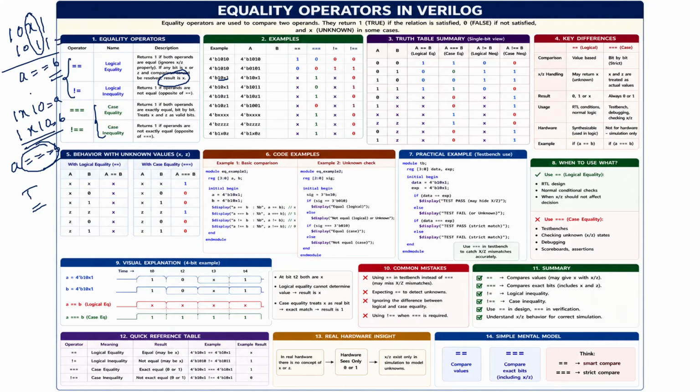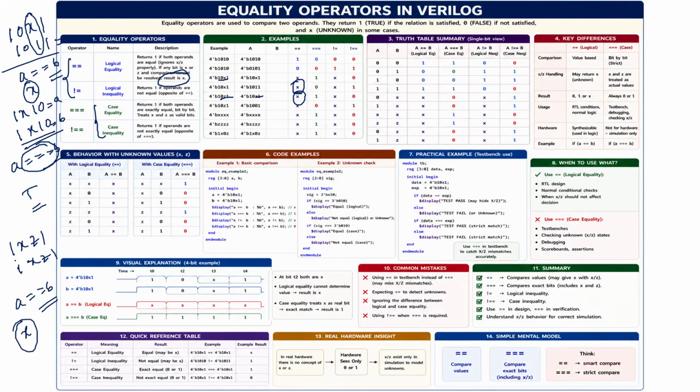You will get the output as an unknown value only, because one value is unknown, so your result is also unknown. And if a high impedance value is also there, you also get the unknown value. So 1 x z 1 is there, and 1 x z 1 is there. Then you are doing the logical equality, you are getting the unknown value only.